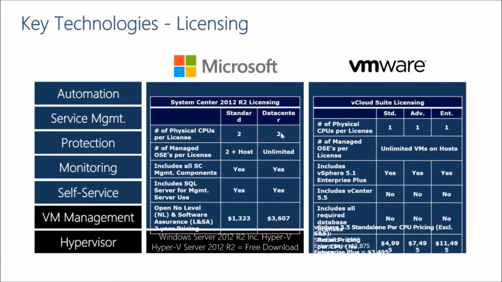For VMware, there's Standard, Advanced, and Enterprise, and you can see the prices are quite high. That's one of the challenges with VMware: you pay for the vCloud Suite, and it's high. It's very good, no doubt about that, but you pay for it.